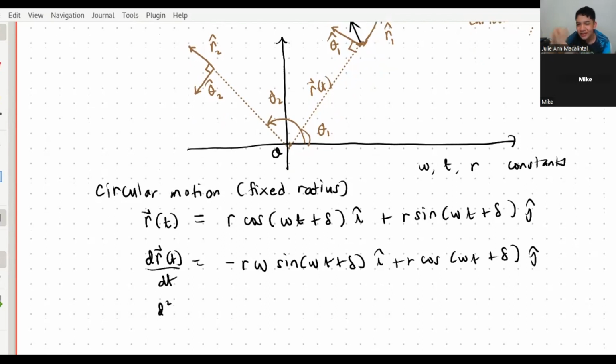Ito yung ganitong expression, yung r cosine omega t plus delta. Yung example. Tapos constant speed. So ito yung velocity, and then you can also get the acceleration. Anyway, gusto ko ituloy mo to.